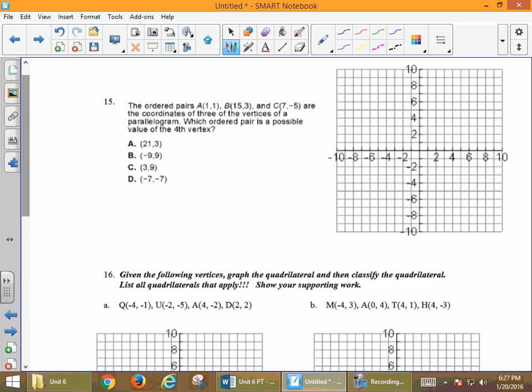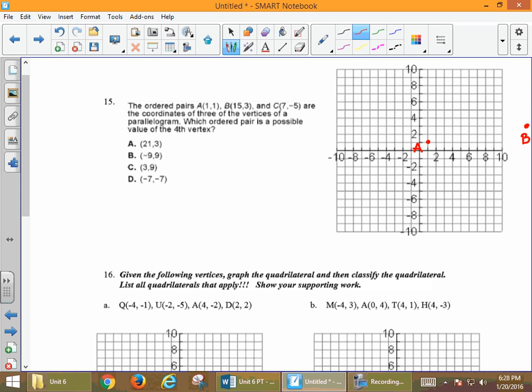The first thing I'm going to do is try to graph all 3 points. Point A is at 1, 1. Point B is at 15, 3, way out there somewhere.